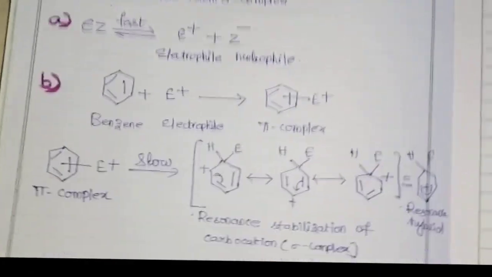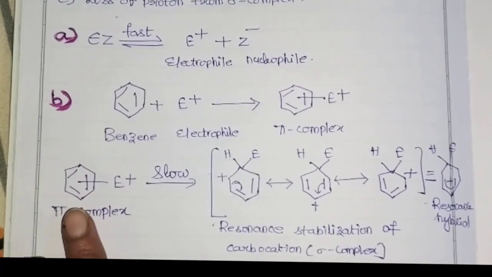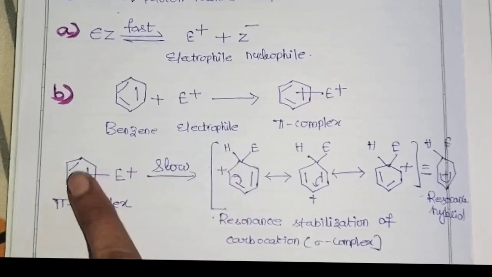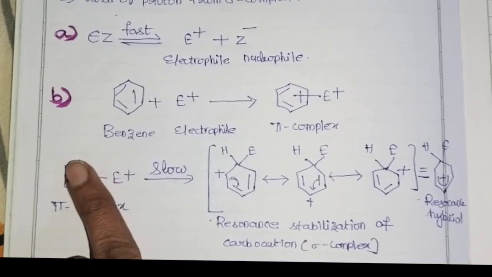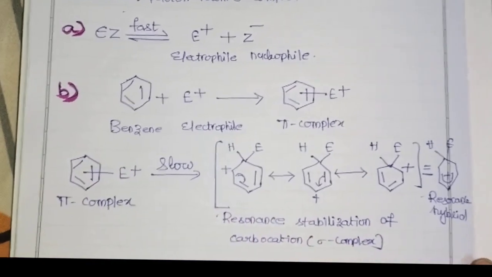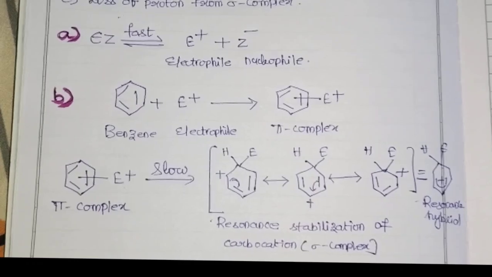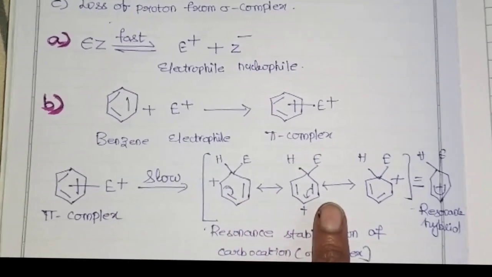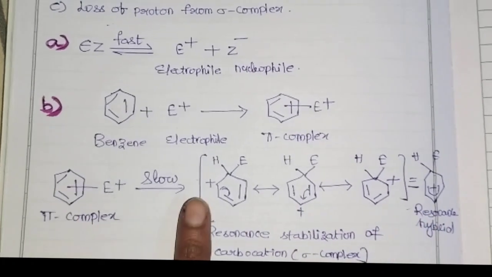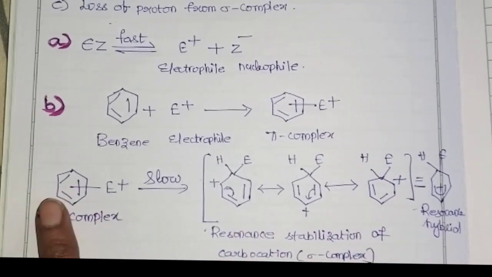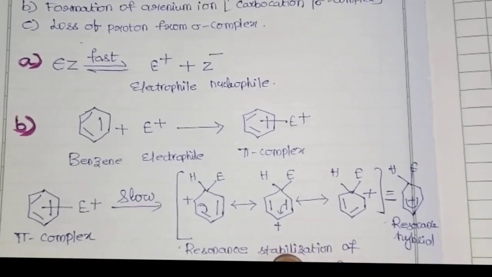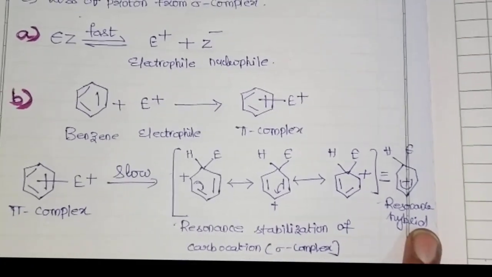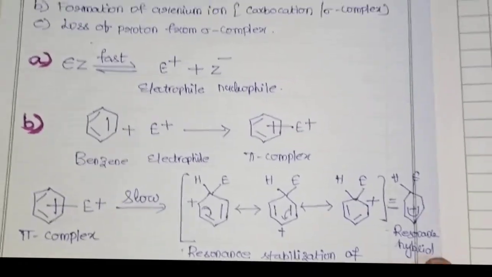Then it slowly attacks the double bonds present at different positions to form resonance structures, here 3 resonance structures because of 3 double bonds. After that it forms a resonance hybrid, which is also called the sigma complex.